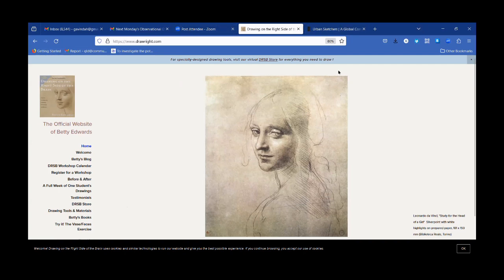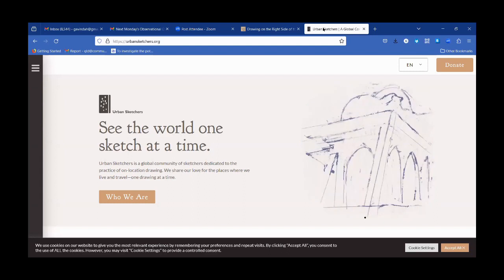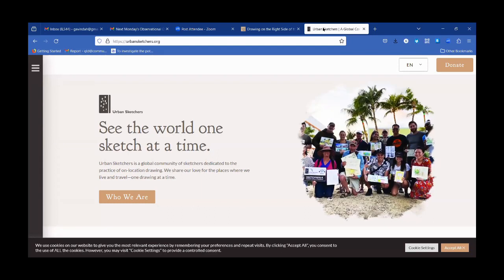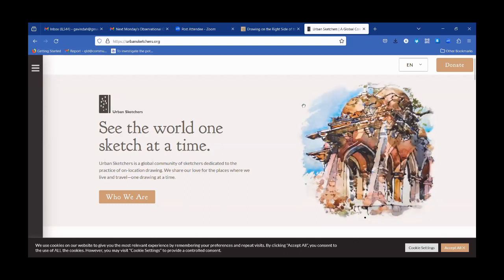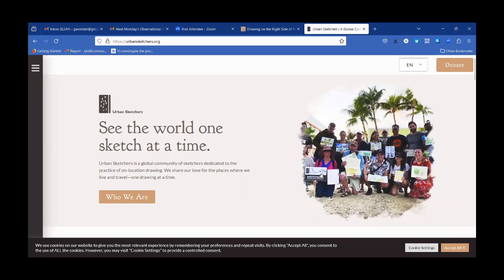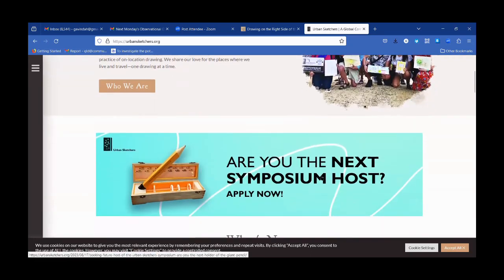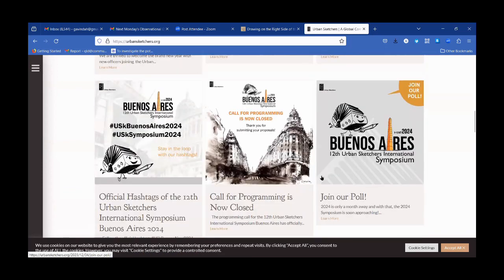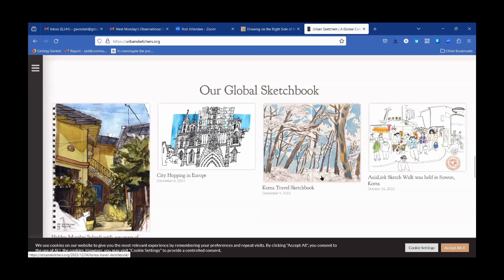Another great resource, particularly if you live in a city, is Urban Sketchers, urbansketchers.org. There's a whole network operating in something like 400 cities around the world. It's a group of people who go out and draw the urban environment.